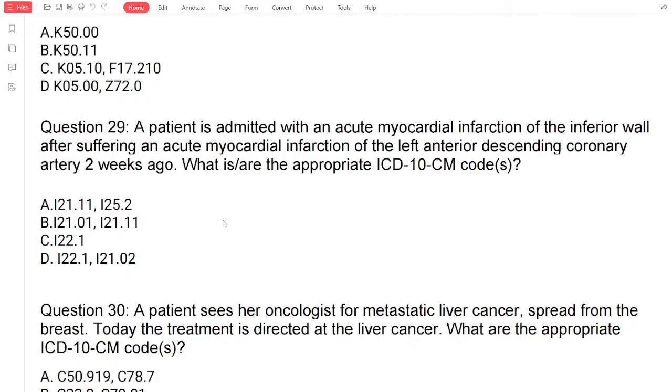The left anterior descending coronary artery is also mentioned in our question. First of all, the patient is admitted with an acute myocardial infarction of the inferior wall, that is the code I22.1. And here they have mentioned again acute myocardial infarction of the left anterior descending coronary artery. The code is I21.02. Simple. D is the correct answer.